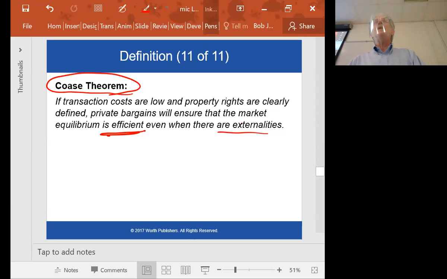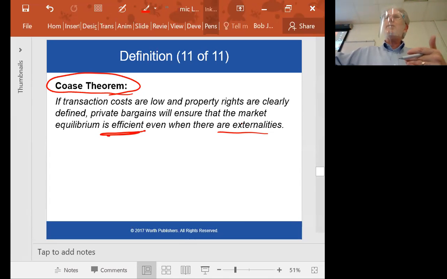On the other hand, what if the tire producer has the right to pollute? The Coase theorem says that if he has the right, and if transaction costs are low, then the members of the community can get together, can come to the tire producer and say, look, you're doing something that's imposing a high cost on us.